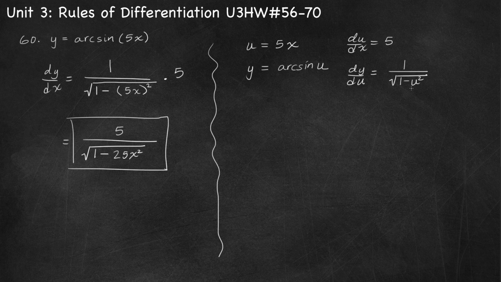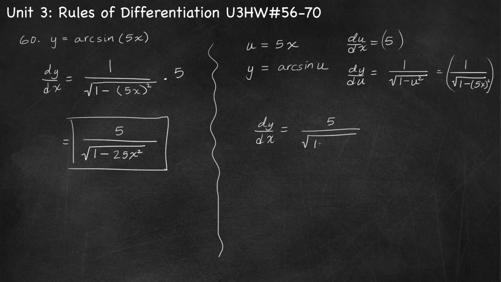U in this case is 5x, so that becomes 1 over the square root of 1 minus, and then 5x in parentheses squared. Okay, so then we just multiply these two derivatives. That's chain rule. So dy dx equals 5 times the 1 over square root 1 minus 25x squared.